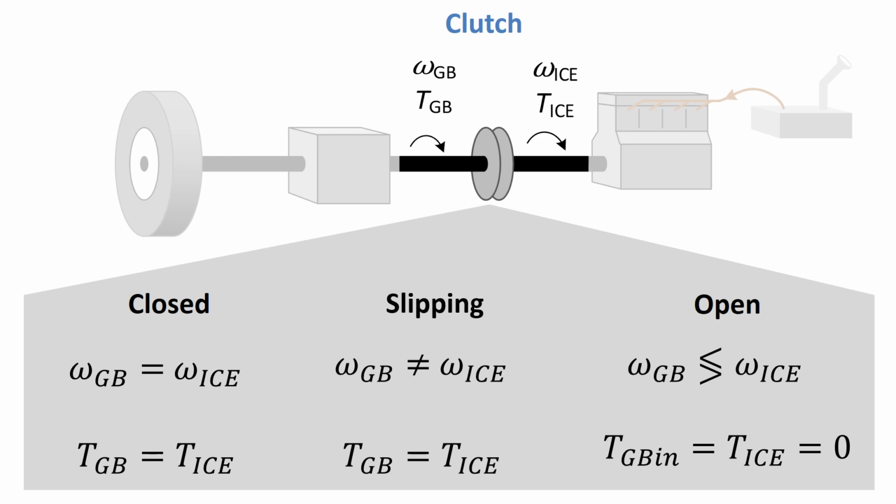When transitioning between the two other modes, the clutch can be controlled to slip. In this state, the speeds on both sides are different, but the clutch can still transfer a torque, so T_gearbox equals T_ICE. If the torque on both sides is the same, while the speed is different, the power on the side with higher speed will be higher than on the side with lower speed.